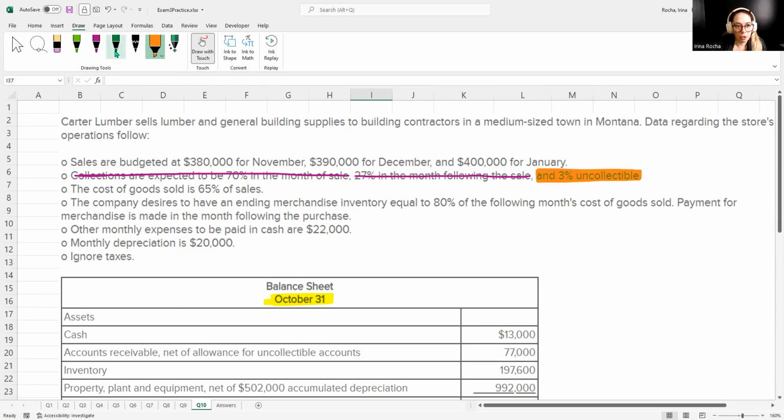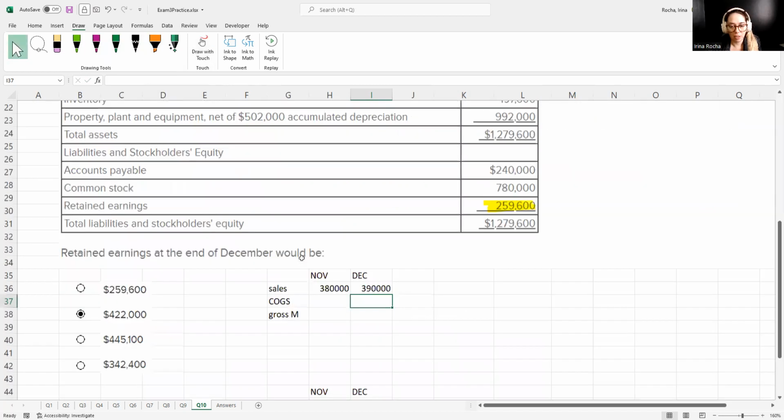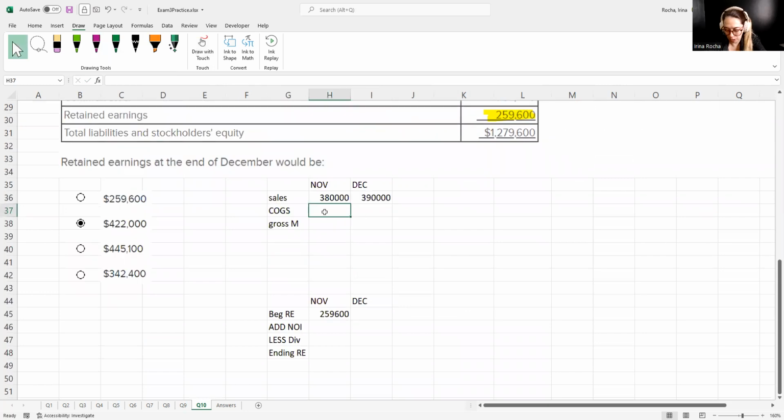Cost of goods sold, we just found it, is 75% of sales. No, sorry, 65%. That's my problem with numbers. So cost of goods sold equals my sales times 0.65. And gross margin is sales minus cost of goods sold. That's the same, so just carry it over.